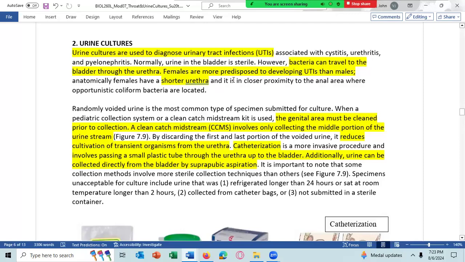Bacteria, however, can travel through the urethra up to the bladder, causing an infection of the bladder. Females are more predisposed to developing a UTI than males simply because females have a shorter urethra than males.